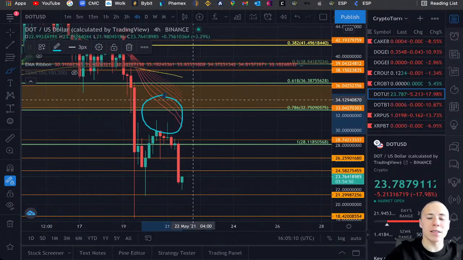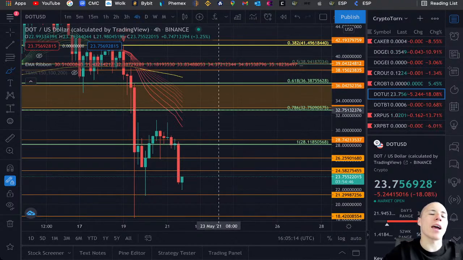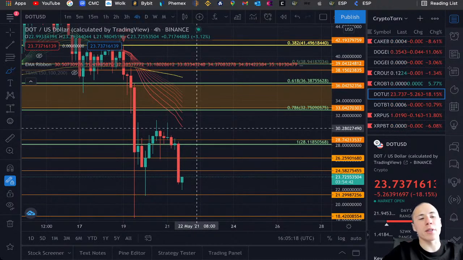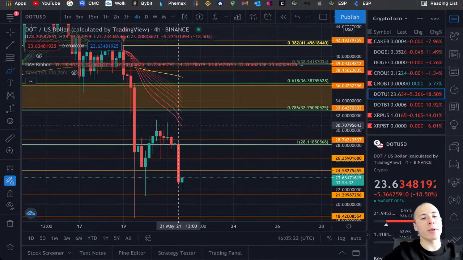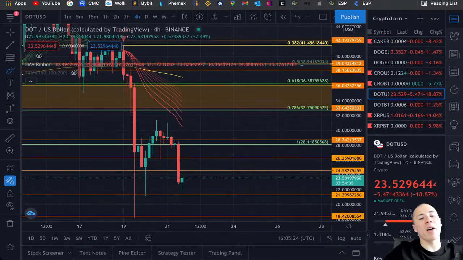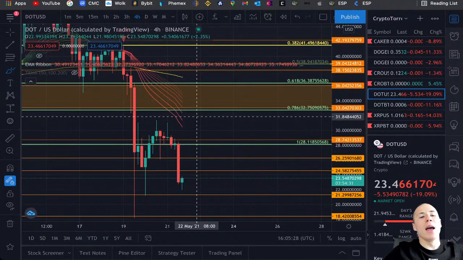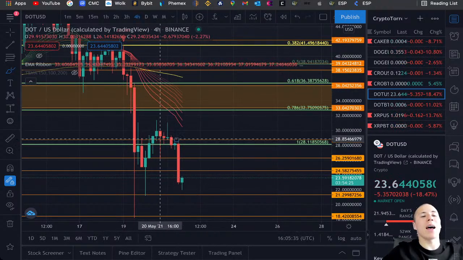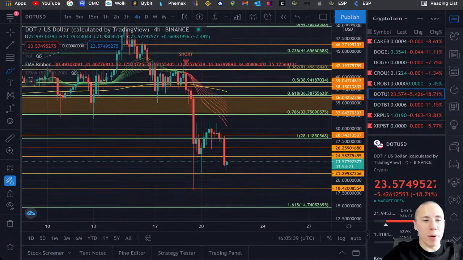What I personally think is very important for a cryptocurrency, doesn't matter which type, is to find support above the EMA ribbon, because the EMA ribbon gives a lot of momentum towards the upside if you find support on top of it, because after that point we will see a switch on the EMA ribbon once again.